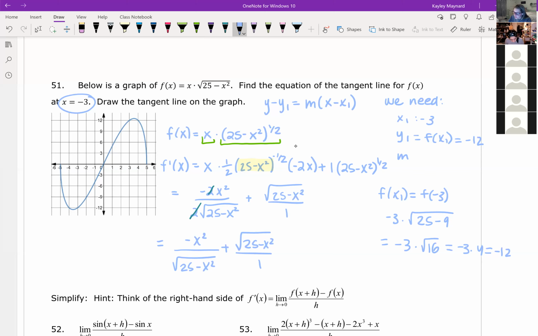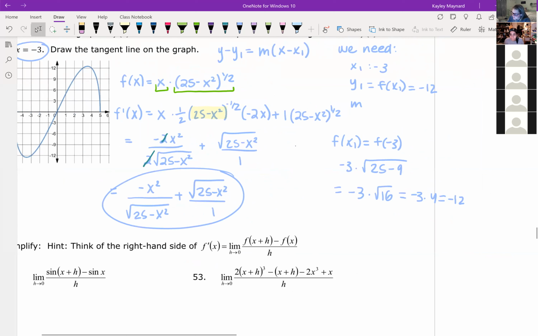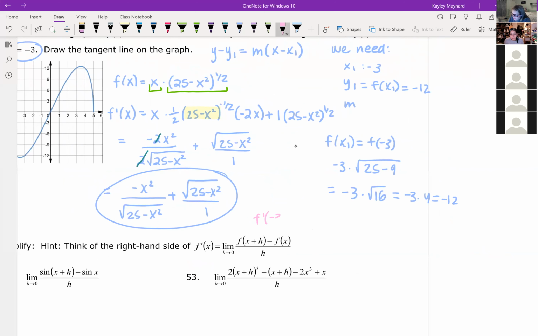So I'm going to plug in negative 3 to this thing right here. So f prime of negative 3 is going to be negative 9 over 25 minus 9 plus 25 minus 9 over 1.